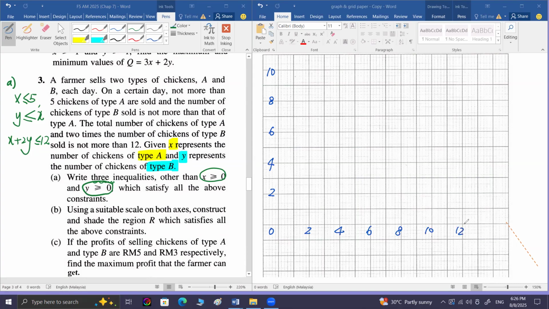Okay, you can follow my scale here, but for the following one, I want you to try and see. You draw the line and shade the region that is needed. Okay, keep doing it.